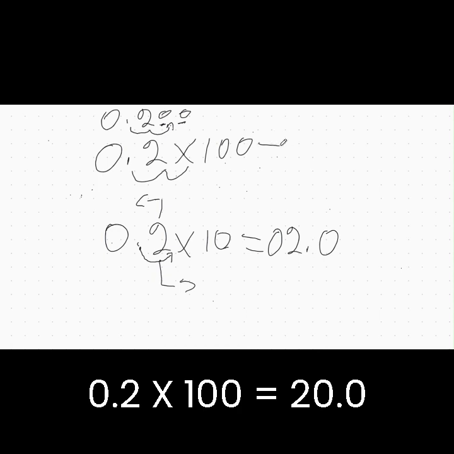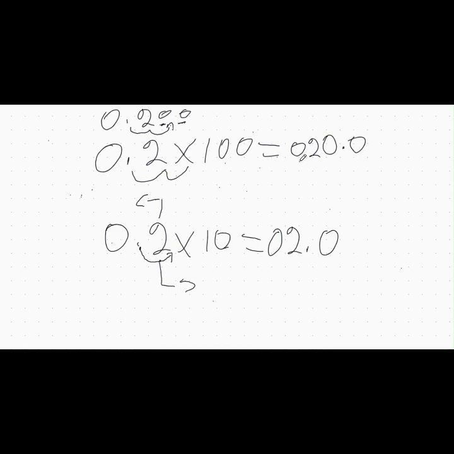So now your new answer is going to be 20. And I'm only putting the 0 here to keep you in mind of the direction that your problem is headed.